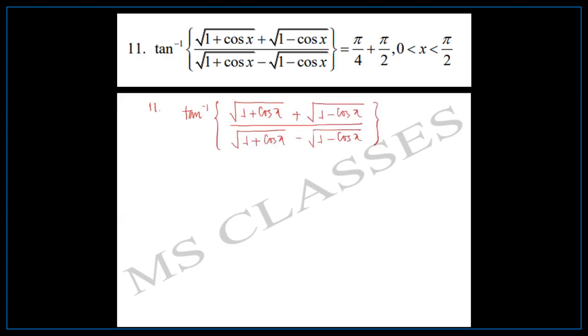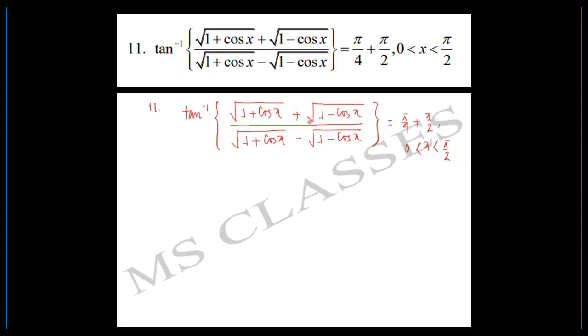Now this you have to simplify and prove that this is equal to pi by 4 plus x by 2, where x is less than pi and greater than 0. Now this is the interval given for x.